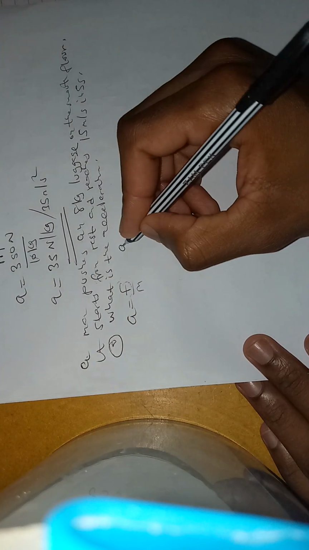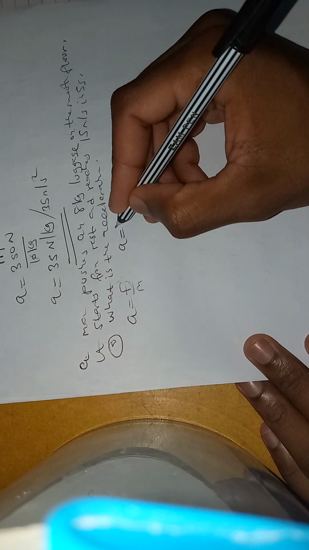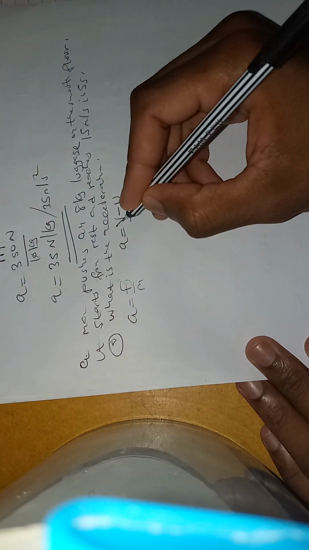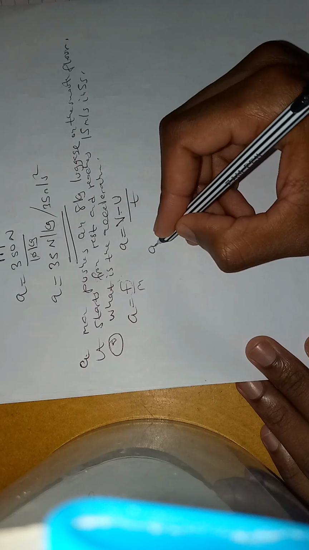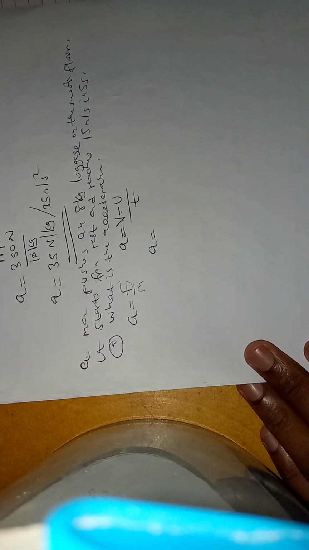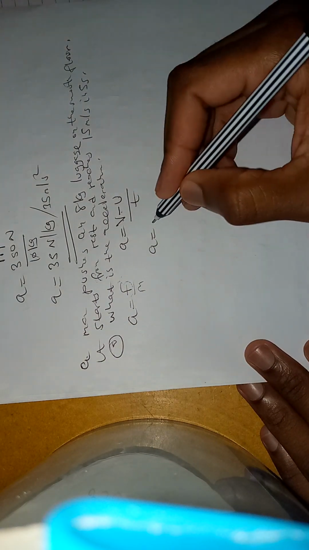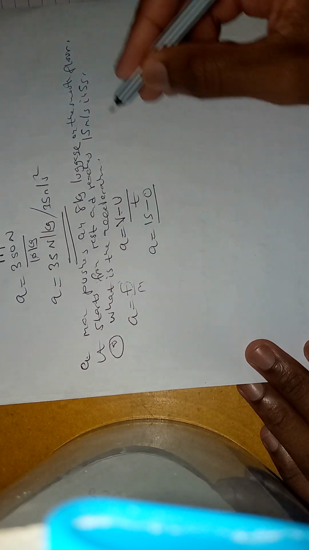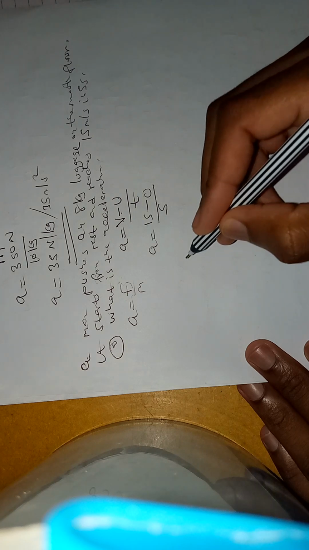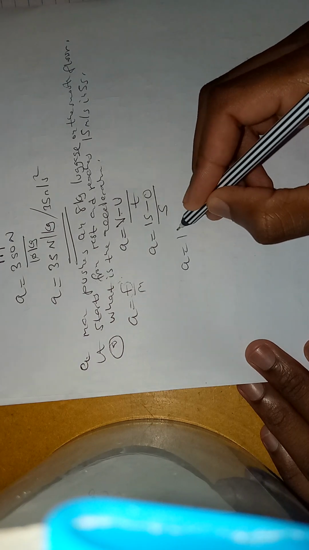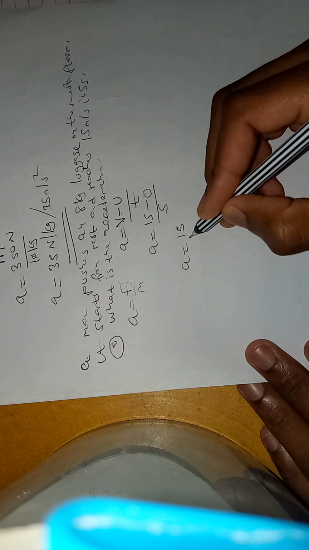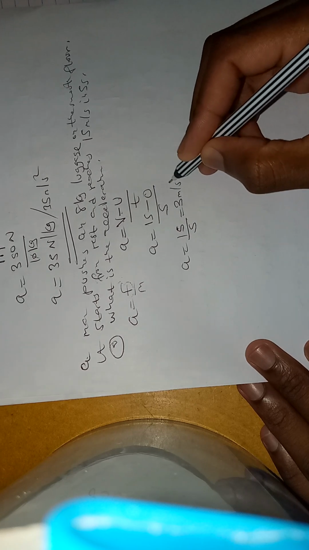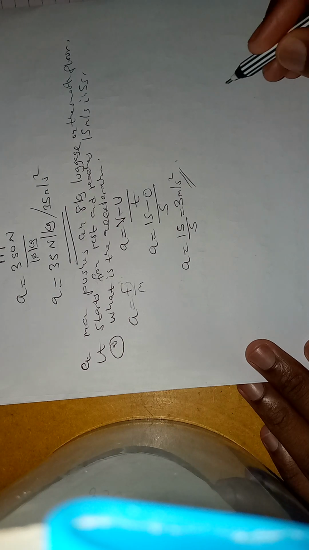We are going to use this one, you remember from linear motion. These topics are just going to be interlinked. Final velocity minus initial velocity, over time. This object started from rest, so the final is 15 and the initial is 0. The time is 5. So acceleration is 15 minus 0, that is 15, divided by 5, which is 3 meters per square second.